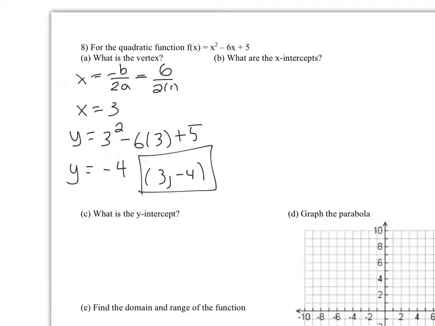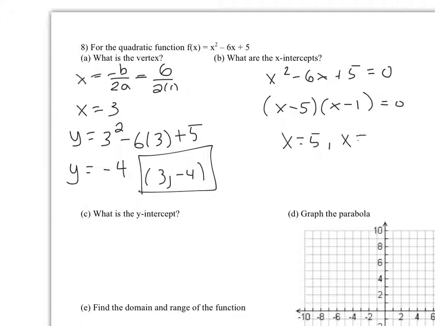For the x-intercepts, you certainly can do the quadratic formula. It will absolutely work. This one does factor, and if we can factor it, that goes a little bit faster, and there's a little bit less likelihood that we make a mistake. I want to know where this is 0, but this one factors into x minus 5, x minus 1, which means I have x-intercepts of 5 and 1.